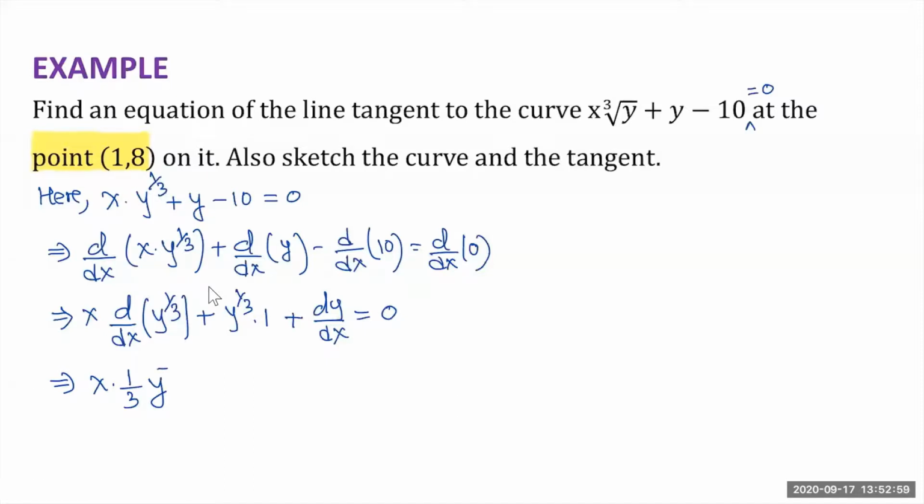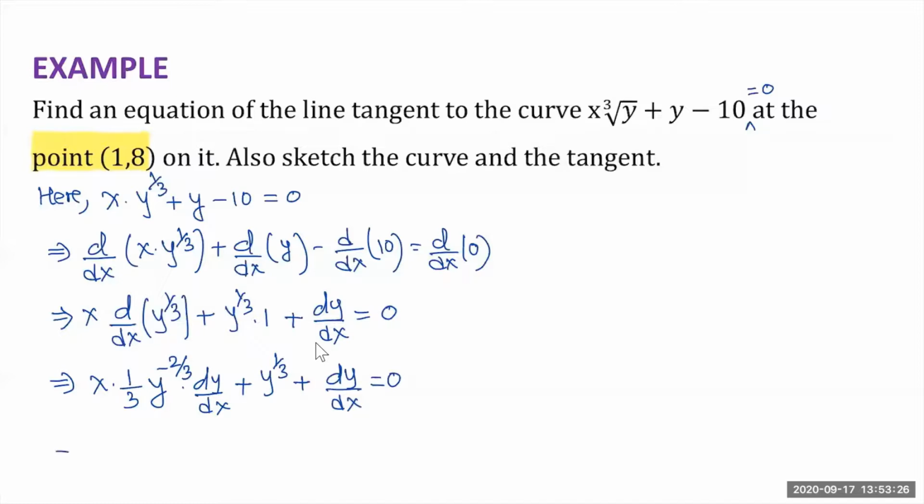And also, you are differentiating y with respect to x. When you differentiate y with respect to x, we have to multiply by dy over dx at the end. You know this. Then plus, here we have y to the 1/3 multiplied to 1, which is y to the 1/3. And then plus, we have dy over dx equal to 0.